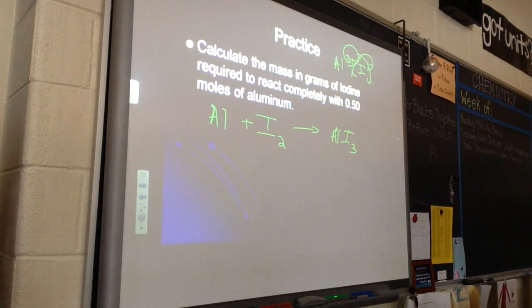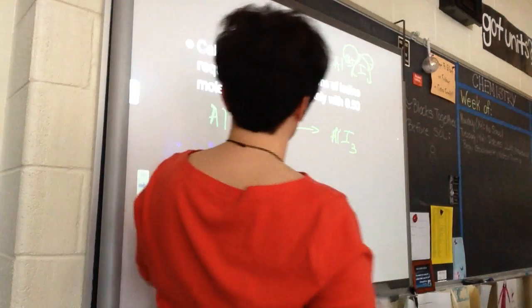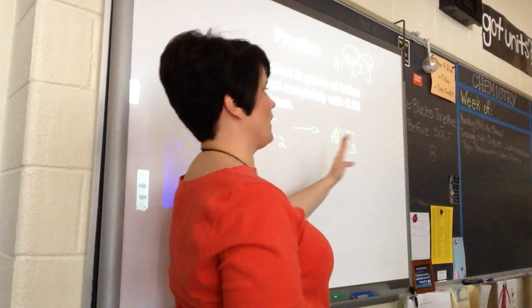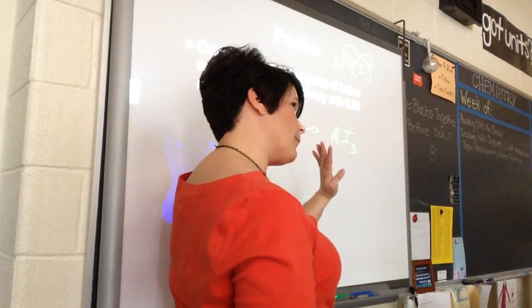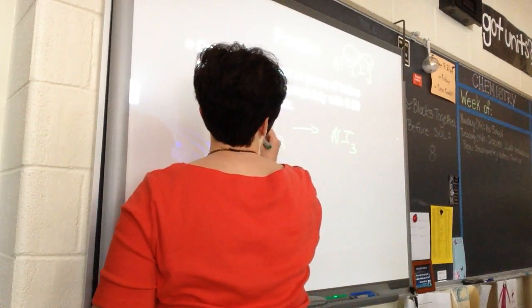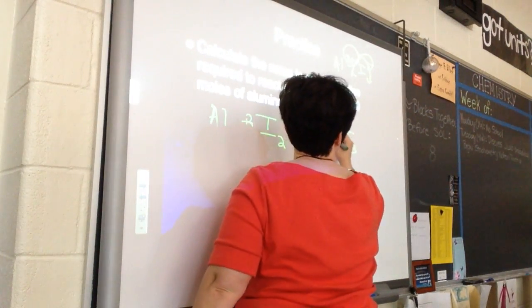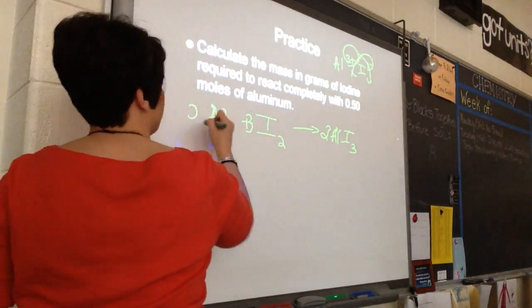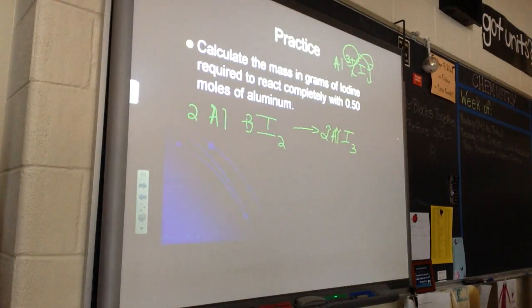Now we have to balance. Aluminum's 1 and 1, that's groovy to start. Iodine, we have 2 and 3, so we think about a lowest common denominator: 6. So we need a 3 coefficient there, a 2 coefficient there, which then means a 2 coefficient there.